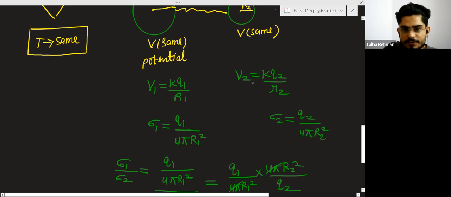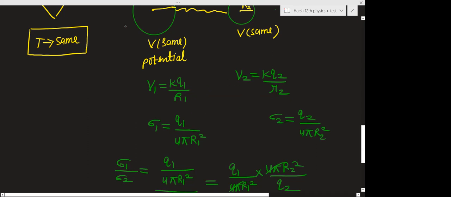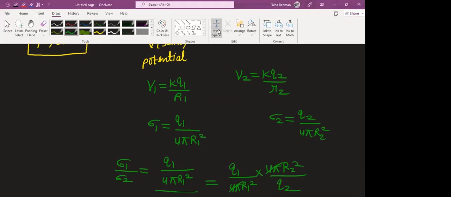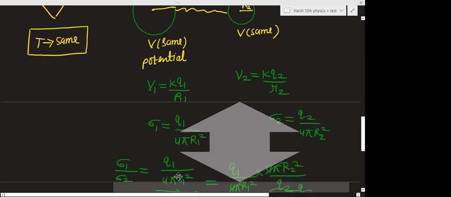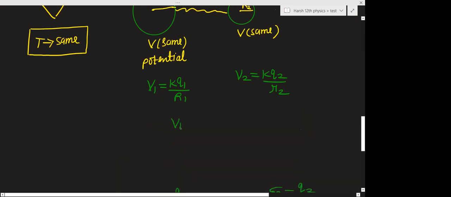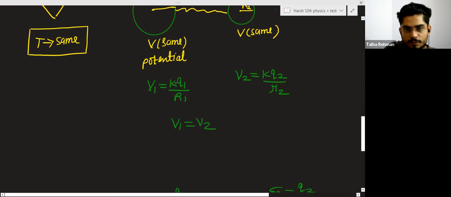From here we know that v1 is equal to v2. The potentials are equal, so put the value of k q1 divided by r1 equal to k q2 divided by r2.